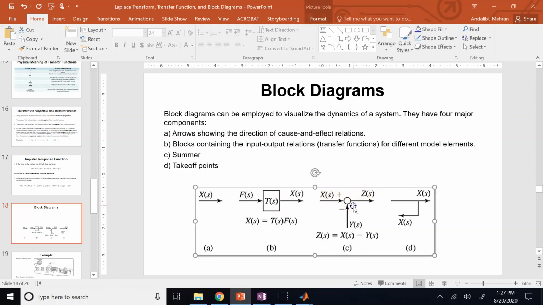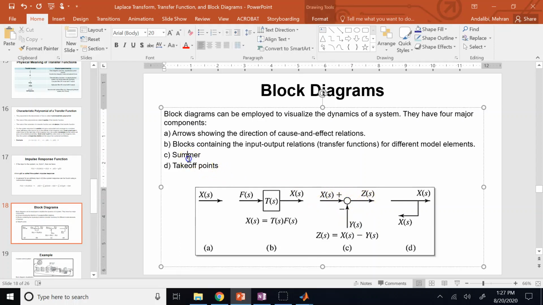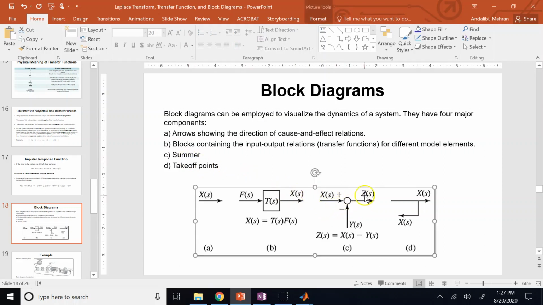Remember in the first lecture when we had desired output minus actual output, we subtracted and we got error, right? So we subtracted two signals. So sometimes we have a summer block, where the output is input 1 plus input 2 or minus, or there could be several inputs added or subtracted. And sometimes we have a takeoff point or a feedback.